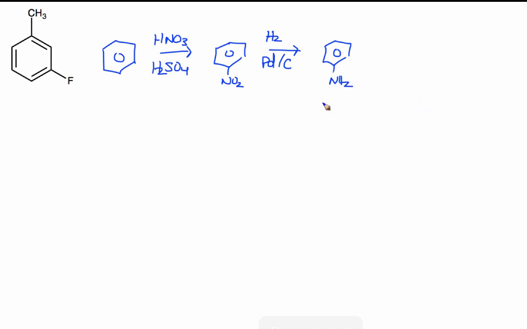Now remember, we want a bulky activating group. NH2 is an activating group, a strong activating group, but it's not bulky. So we'll use acetic anhydride to acylate that.